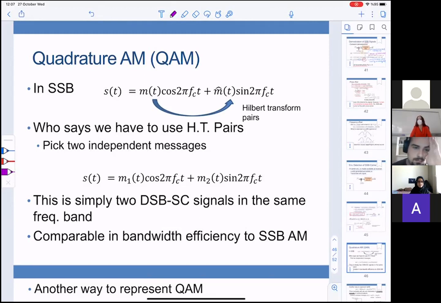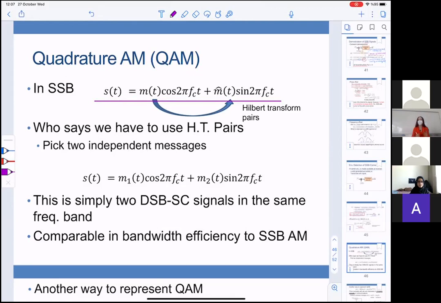So what is quadrature amplitude modulation? We'll make the step from our understanding of SSB. In SSB, we saw that we can combine the signal m of t and its Hilbert transform by multiplying each with quadrature carriers. Quadrature means they are at 90 degrees to each other. One is a cosine, the other is a sine.